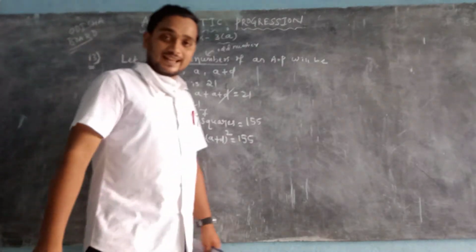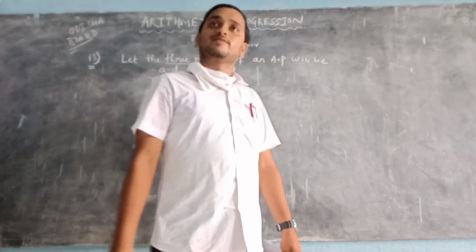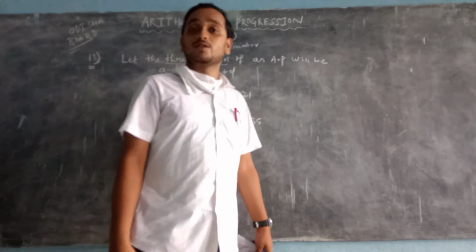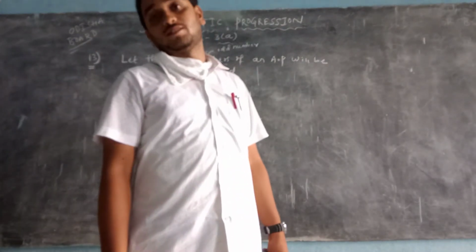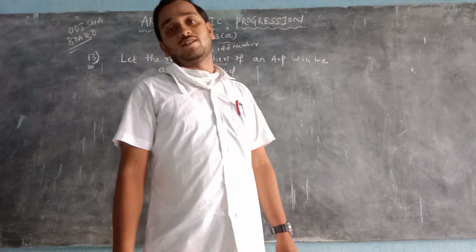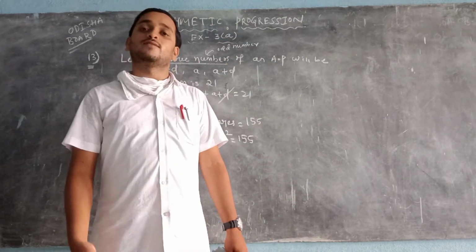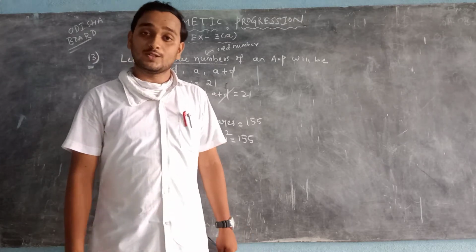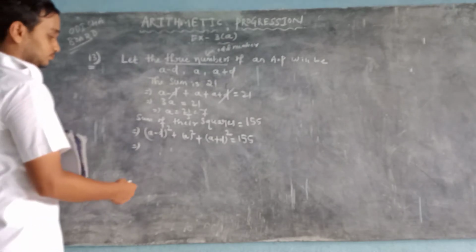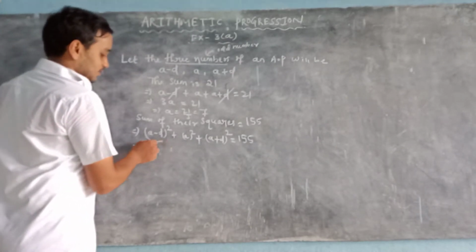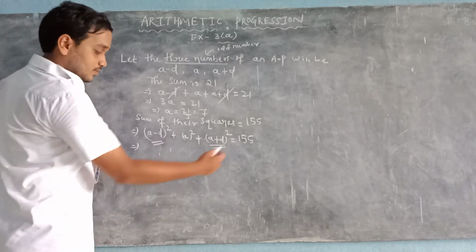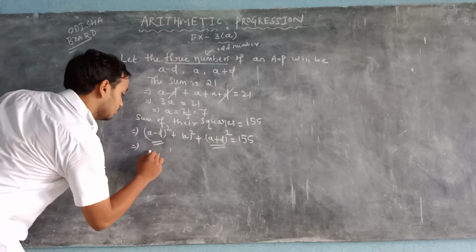In our 8th class, we read a formula: A plus B whole square plus A minus B whole square. That means the formula is this is a minus b whole square, this is a plus b whole square.